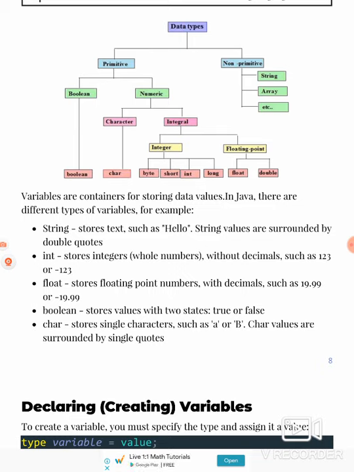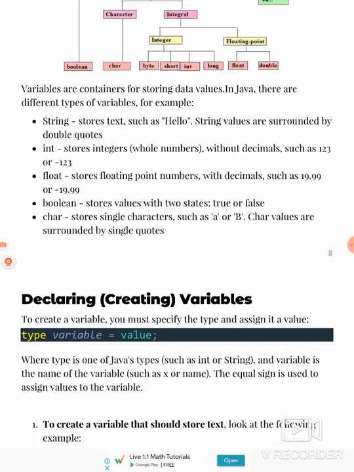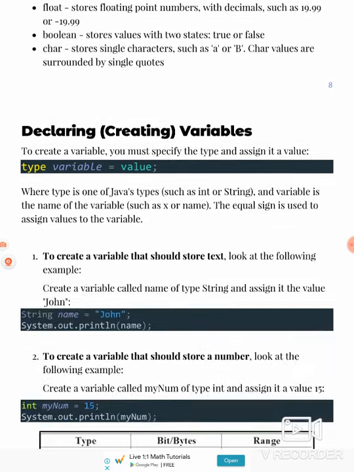Float stores floating point numbers with decimals, such as 19.99. Boolean stores values with two states, true or false. Char stores a single character such as A or B. Char values are surrounded by single quotes guys.